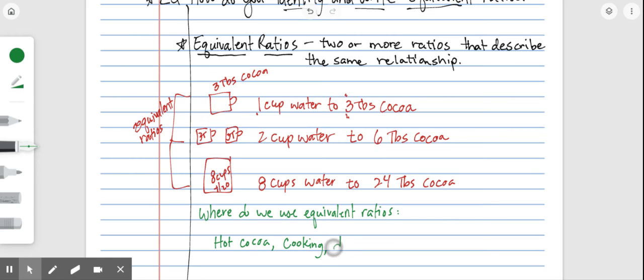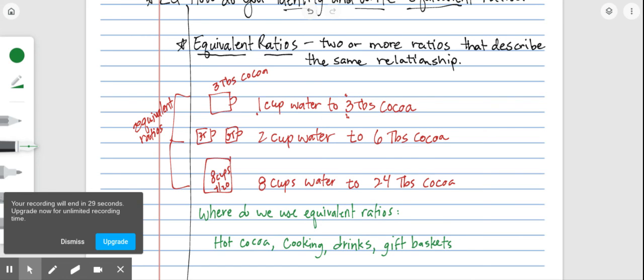So drinks. Okay. When else do we use equivalent ratios? Another one is gift baskets. Because you want to make sure that you have the right amount of everything to give everybody an equal amount of each piece. So like, for example, everybody gets the same amount of chocolates, everybody gets the same amount of toys, etc.